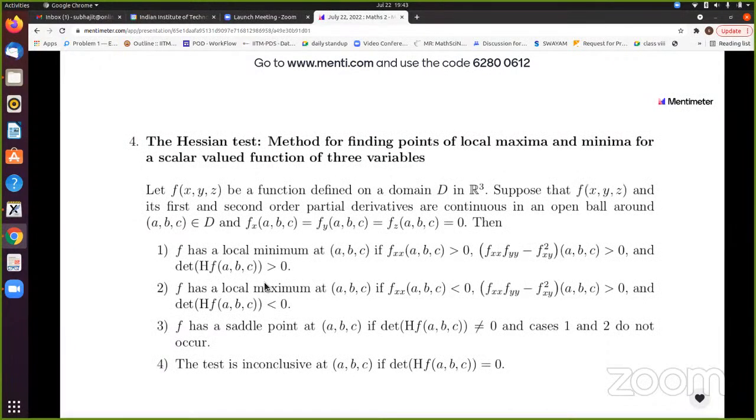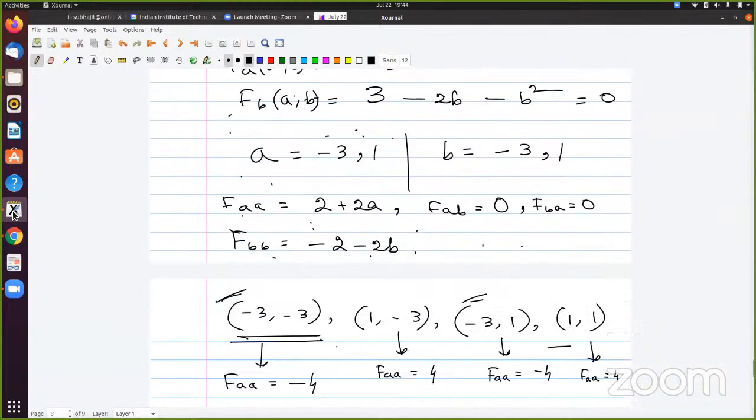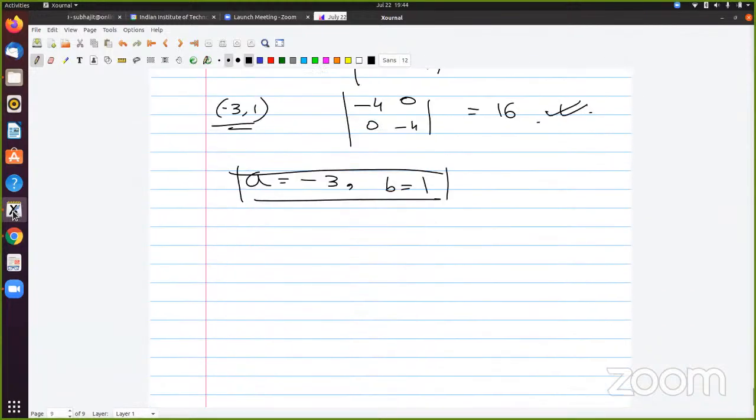And now for more than 2 variables, we need to find 3 equations fx, fy, and fz and equate them to 0. Then for minima, again fxx should be greater than 0. And other than the Hessian, we need to find the 2 cross 2 minor also in this case. So if we write the matrix in 3 cross 3, how will the matrix look?